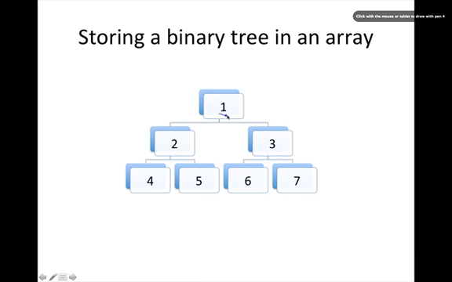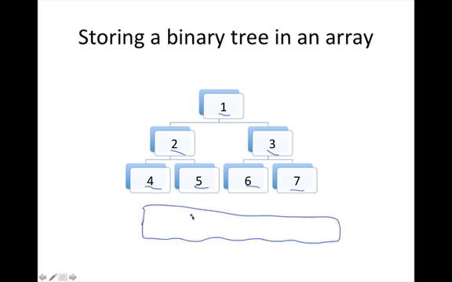First we have 1, then on the second level 2 and 3, then on the third level 4, 5, 6, and 7. These are the positions in the table that we would use. This is position 1, then position 2, position 3, and so on. We don't use 0. That's how we store a binary tree.